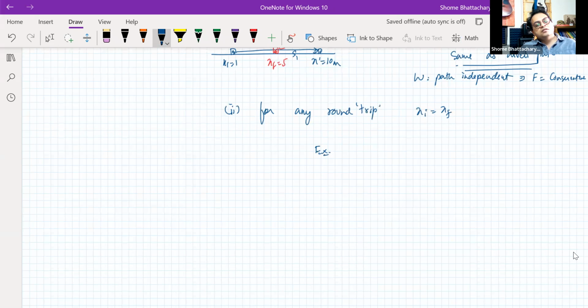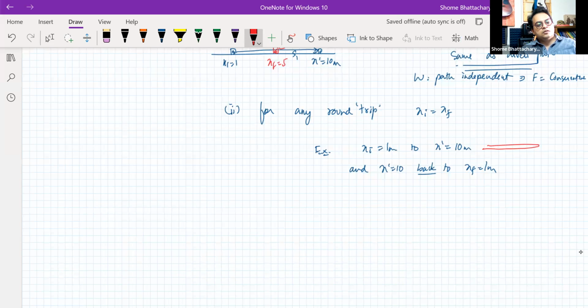For example, take it from x initial to some in-between position, let's say 10, and then from x prime equal to 10 back to x initial. Okay, so in this case, you can see it's a round trip. This whole thing is a round trip.